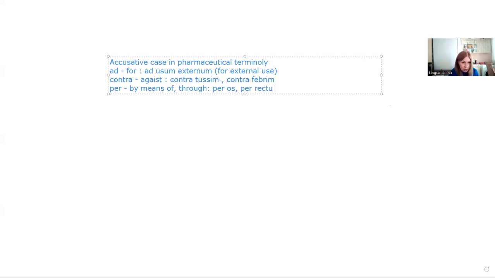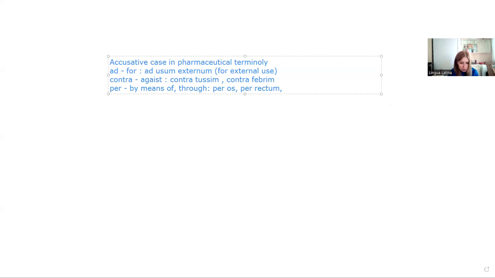Os and rectum are nouns of third declension, also of neuter gender. And neuter gender in accusative case is the same as in nominative case. That's why we don't change. Os will be os, and rectum stays rectum. Sometimes it's necessary to take suppositories, for example, vaginally.